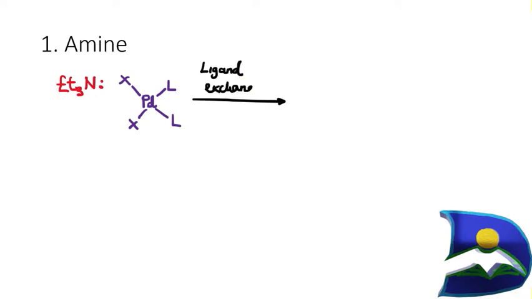Therefore, due to a ligand exchange, we actually have a form of an SN2 reaction where we have the amine lone pair being donated to the palladium, while the good leaving group is one of the X's, and this results in the positively charged complex that is noticed in this metal complex right there.